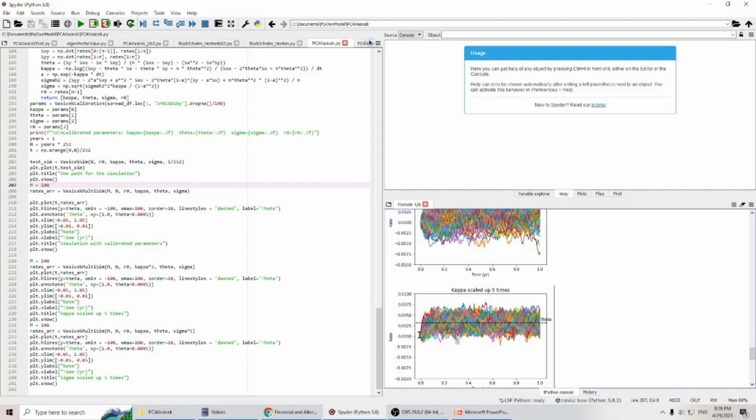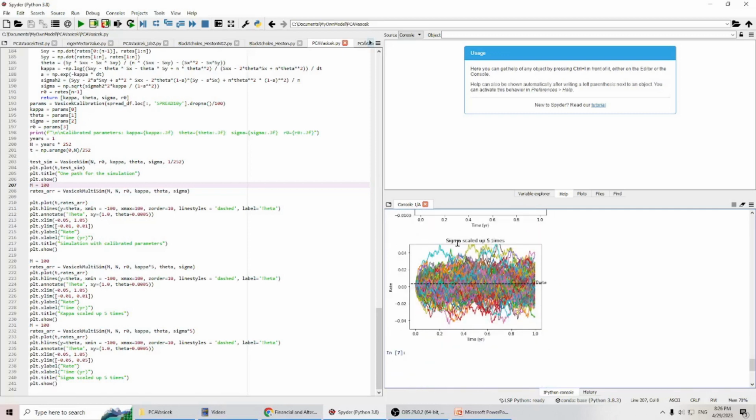So the interest rates tend to revert to the long-term mean much faster than in the original simulation with calibrated parameters.